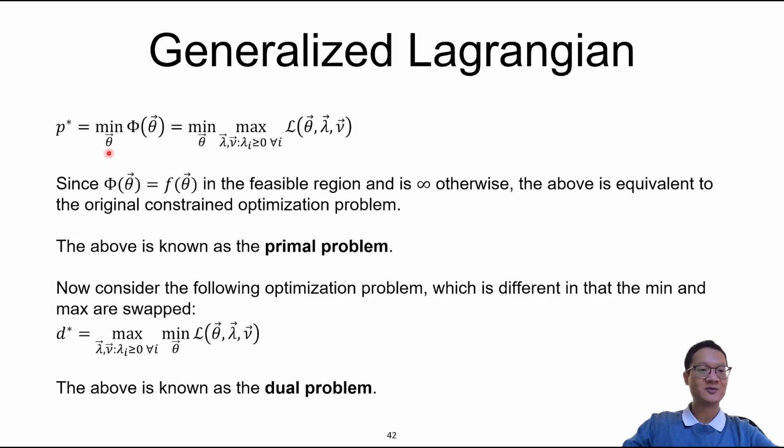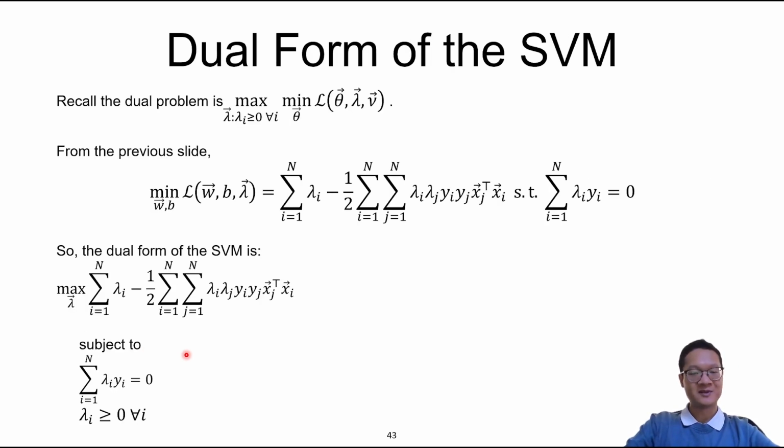And then we wrote down our constraint optimization in one line, which had a min and a max. And when we swap the min and max, we actually get the dual problem. We applied this idea to the SVM to obtain the dual form of the SVM, which is down here.